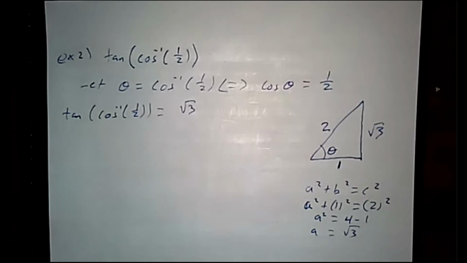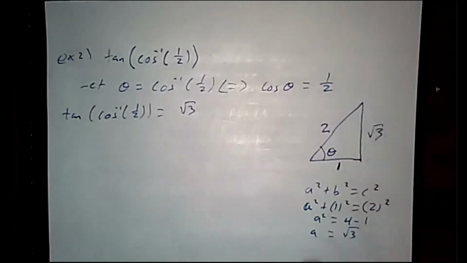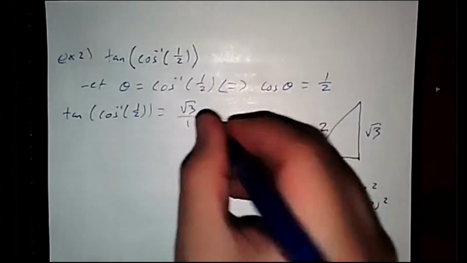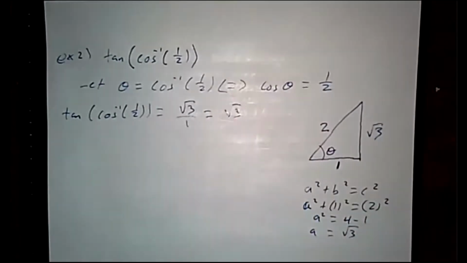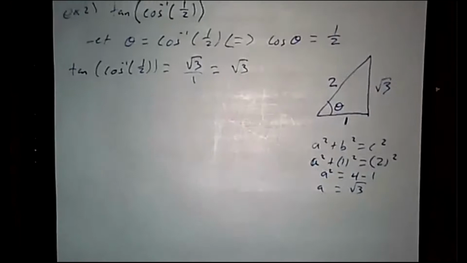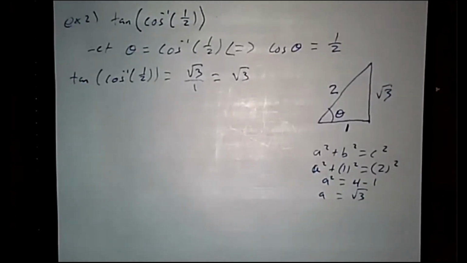Okay, does that make sense? Just opposite over adjacent, right, over 1. Because after you solve for the cosine on the top, you're using the adjacent over hypotenuse, but then on the second line, you're using the tangent.